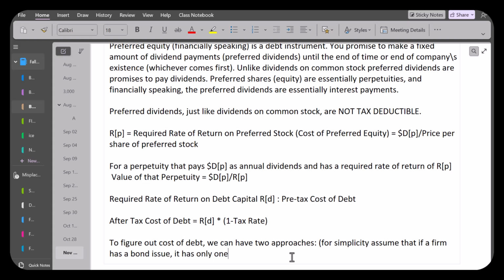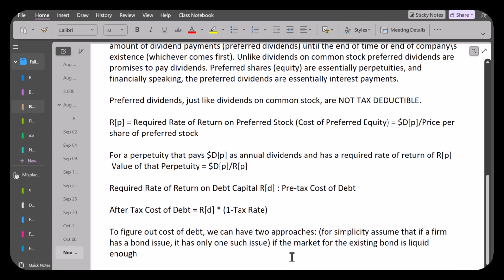I mean, in practice, you have multiple bond issues. You would estimate the cost of debt for all of them and do a weighted average. But to make it simple, assume there is just one. If the market for the existing bond is liquid enough, use the yield to maturity on the bond as the pre-tax cost of debt.